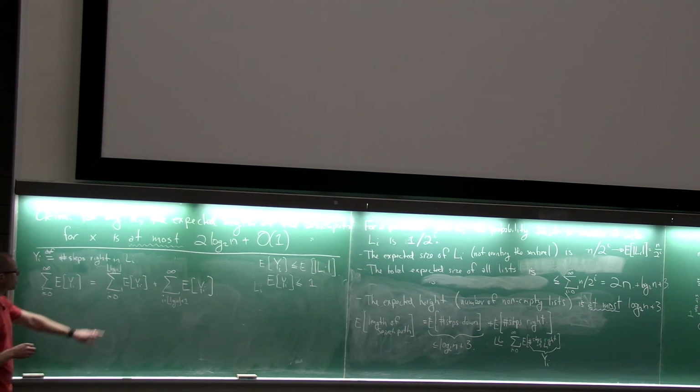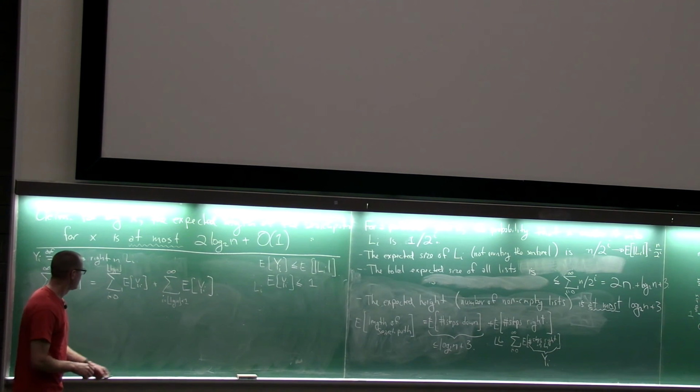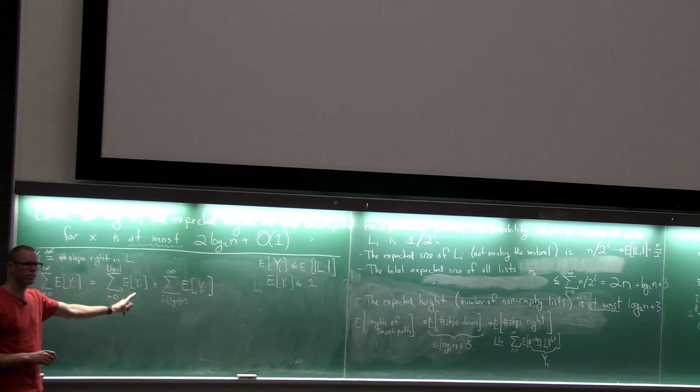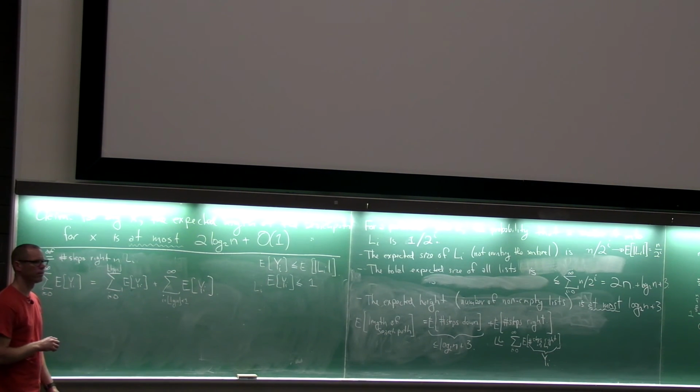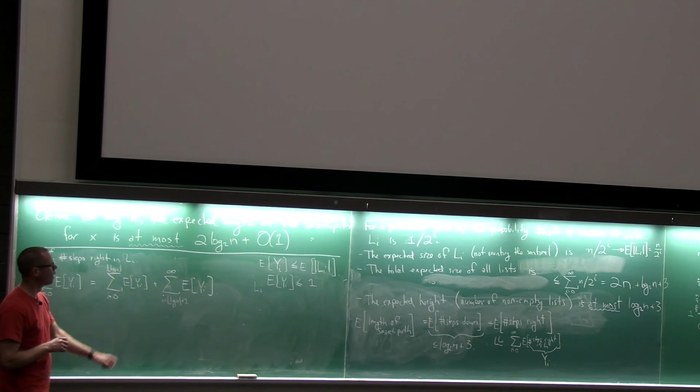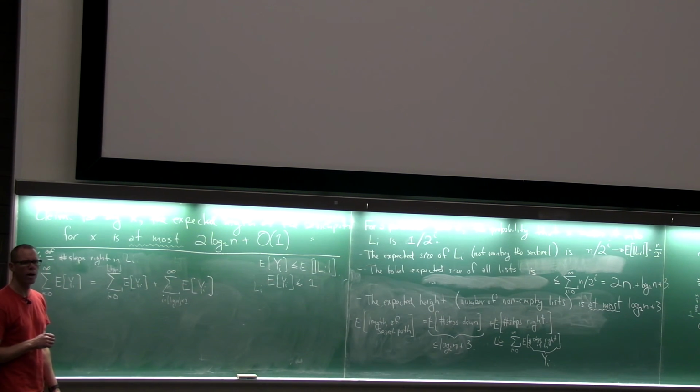The same sum is just split into 2 at a natural place. And what should we say about all these yi's? We have two things we can bound them by. We can say they're all less than or equal to 1, or we can say they're all less than or equal to the expected length of Li.